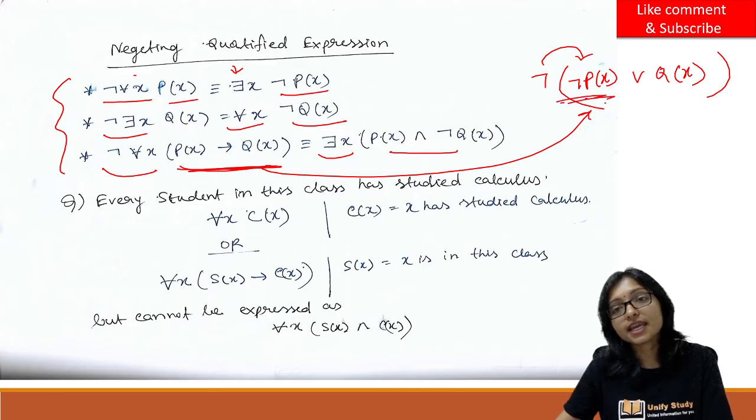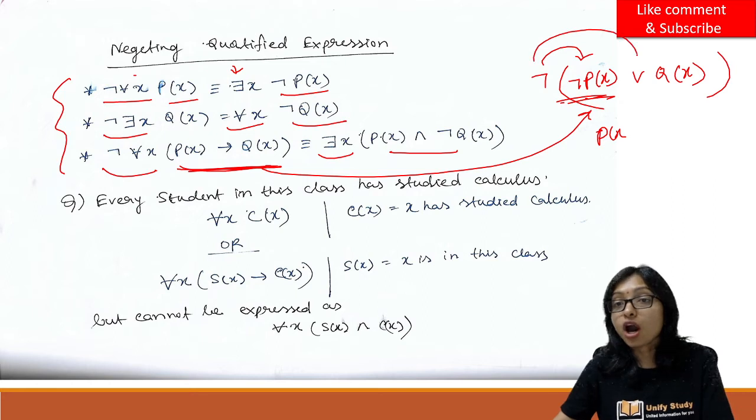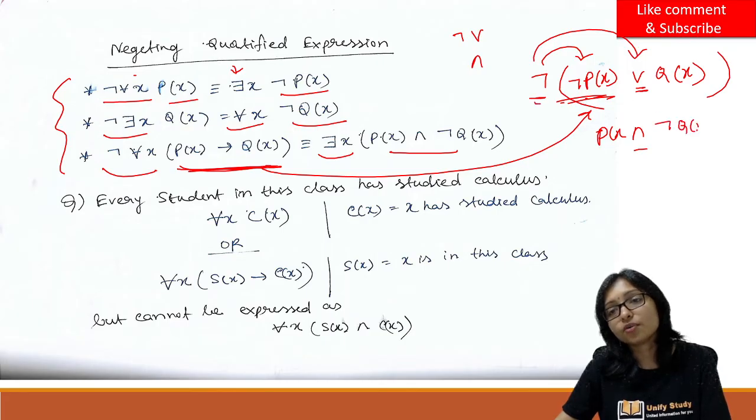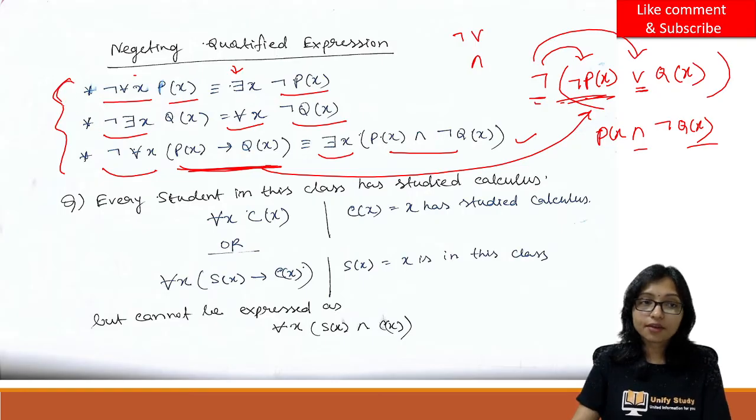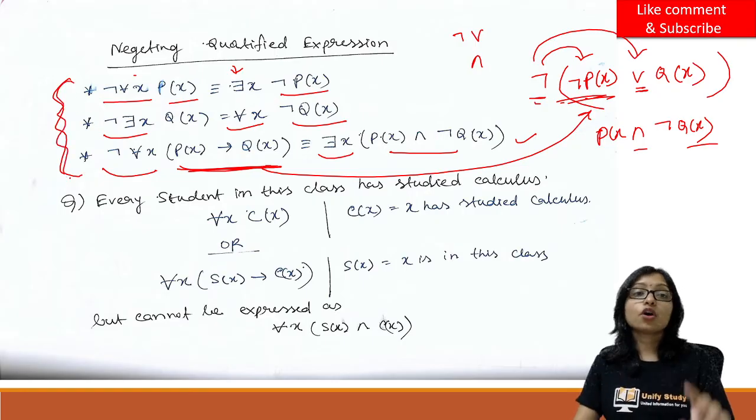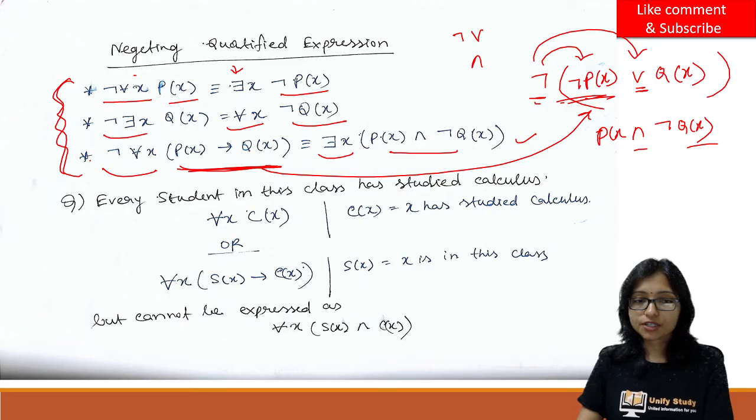So negation of px will be px only, and the negation of "or" will be changed to "and". When I am negating "or", it changes to "and", and this will be not qx, and that's why you will get this one. These three are very, very important for doing predicate logic.